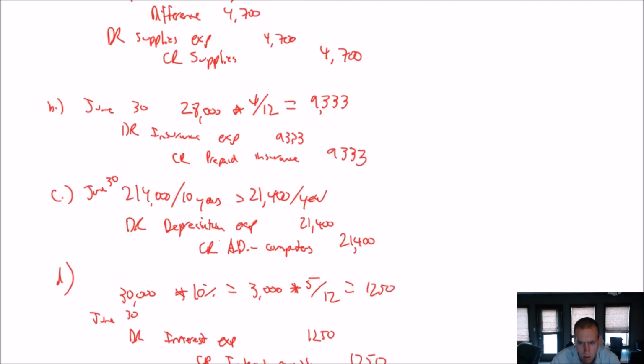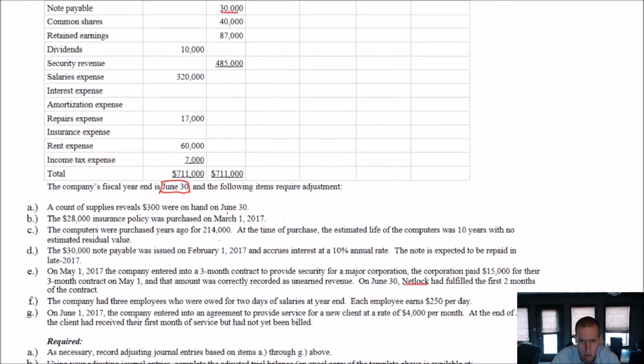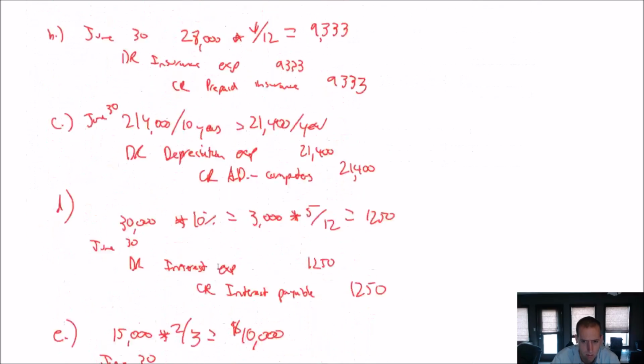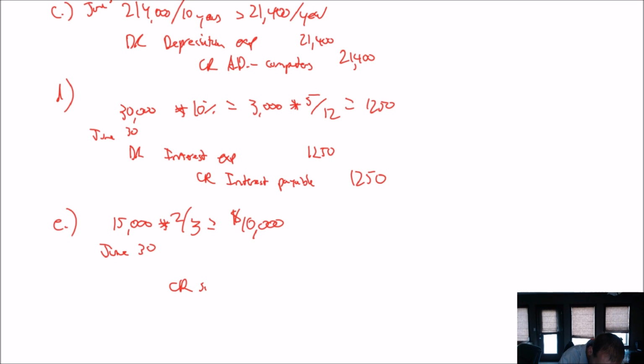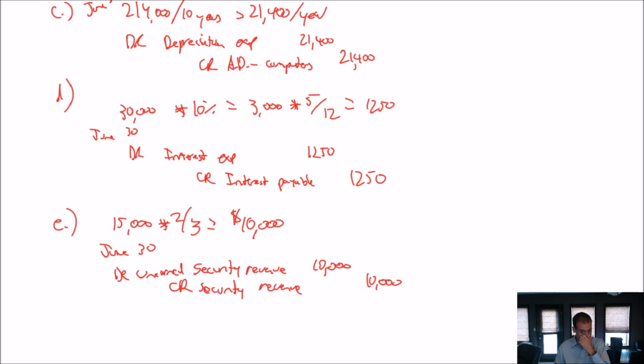I guess it's security revenue. What's our revenue stream here? Yes, security revenue is our revenue stream. So we're going to credit security revenue, $10,000, and we're going to debit unearned security revenue to say this is no longer unearned. This has been earned. $10,000. That's E.